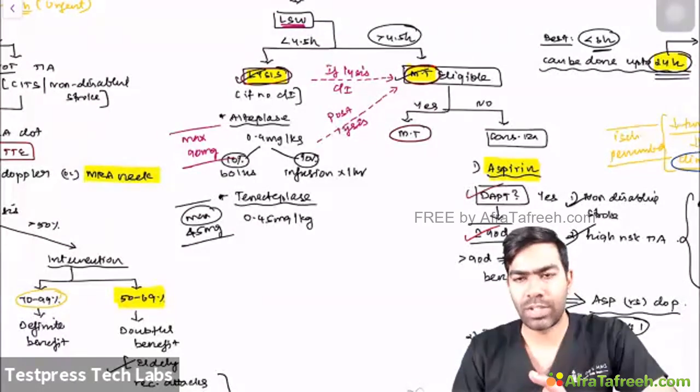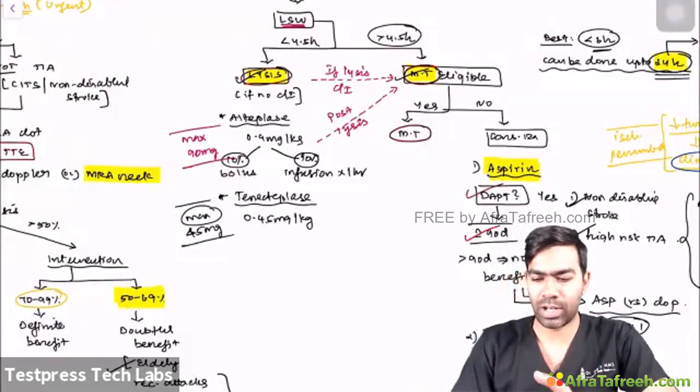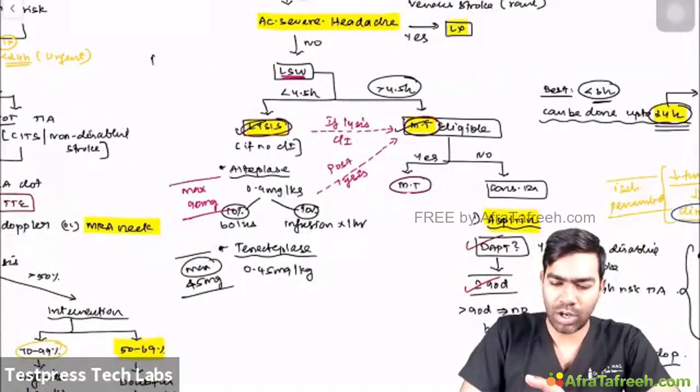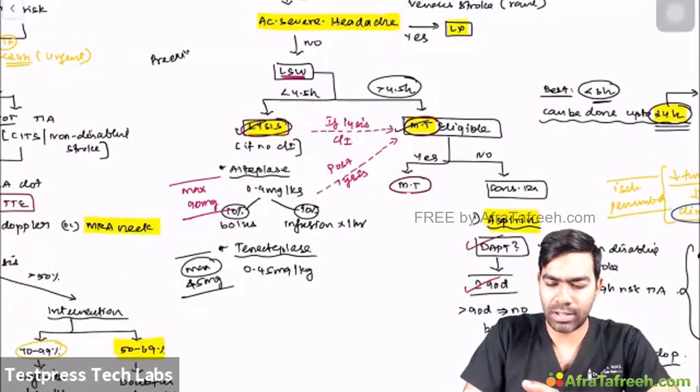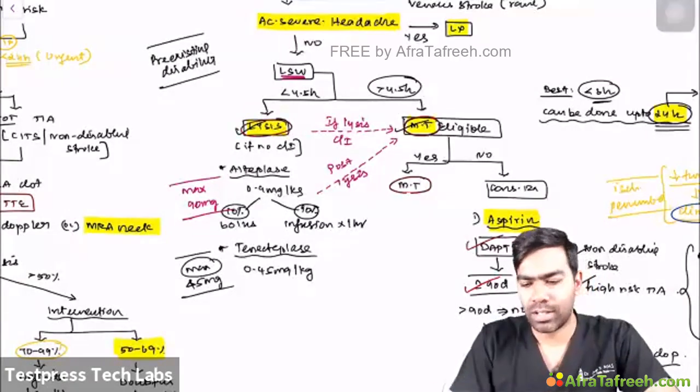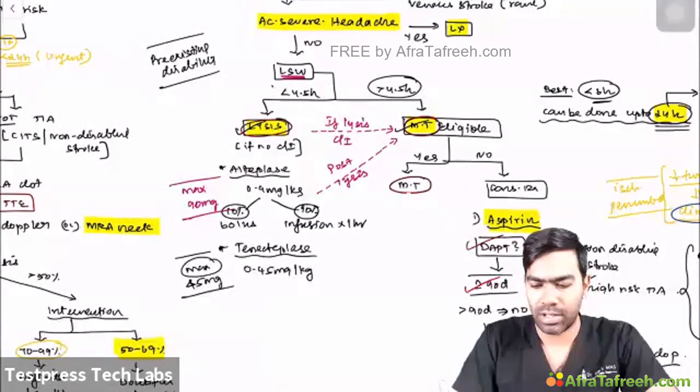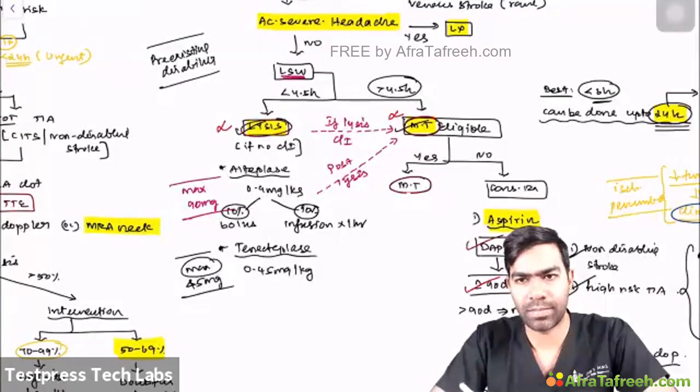So one of the important points to understand is if there is any pre-existing disability. For example, if the patient already has a pre-existing disability, lysis will not be effective, nor will mechanical thrombectomy.